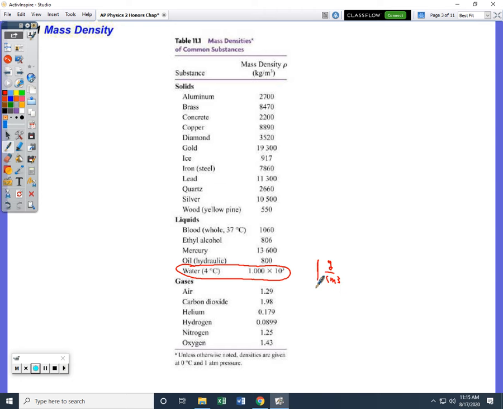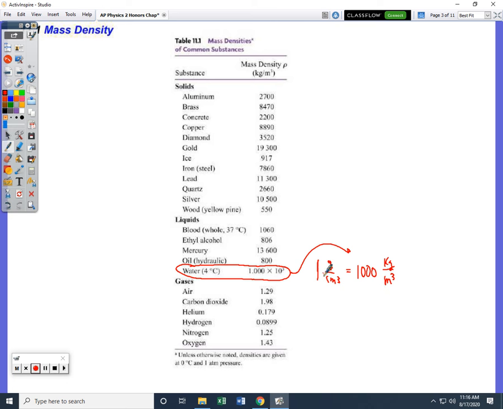Well, when you're converting that into kilograms per cubic meter, you have a couple of things going on. You have a 1,000 factor because of your kilograms, and you have a 1,000,000 factor because of your cubic centimeters. So this is correct. It's 1 gram per cubic centimeter, but the number they are actually throwing out, written in scientific notation, is 1,000 kilograms per cubic meter.